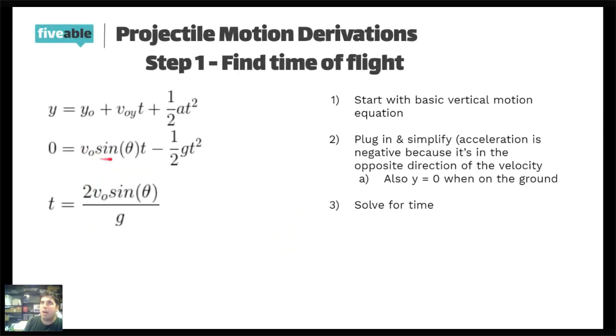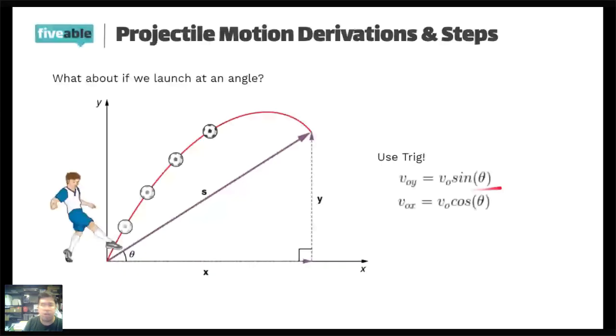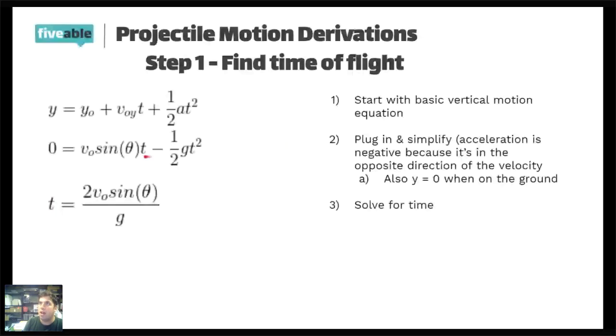We have our initial velocity vertically, v naught sine theta. As we saw from the trig equation, we're looking for the vertical velocity, so that is v naught sine theta, times t, and then minus 1/2 g t squared. The minus comes from the fact that there was a difference in directions.